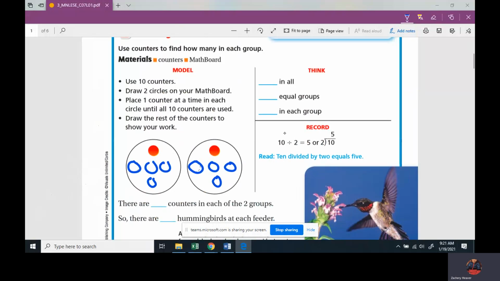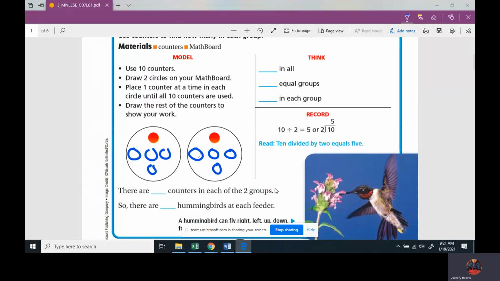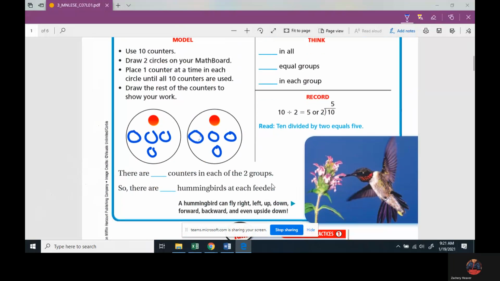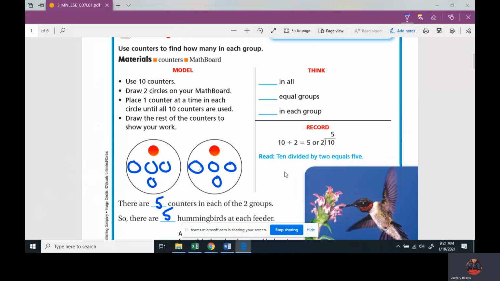And I kind of draw mine in the same spot each time, so I know I'm not messing up. So good. Willow says there's 5 at each, and I agree with her. So there are 5 counters in each of 2 groups. So there are 5 hummingbirds at each feeder. Good. 5 and 5.